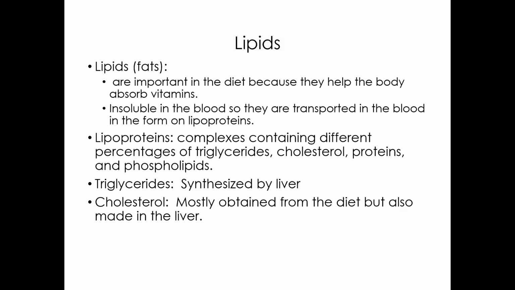Triglycerides are synthesized by the liver, and cholesterol is mostly obtained from the diet, but it is also made in the liver. We actually need cholesterol, we make it. Sometimes we only think about it as something bad, but we actually do make it in our bodies, and it is important for health. We just don't want too much of it.